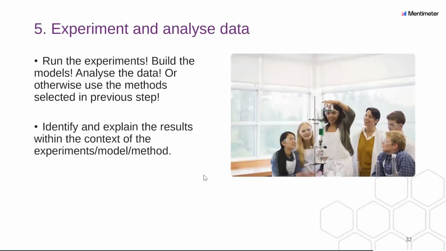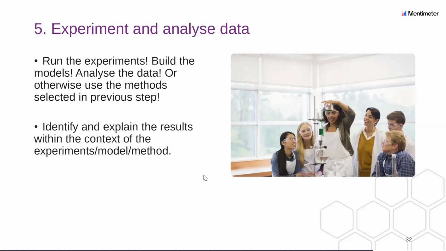So number 5 is experiment and analyze data. So you run the experiments, you do the surveys or the interviews, or you build the models, the simulations, you analyze the data, you run the eye tracking studies, whatever it is that you're doing, whatever methods you chose in step 4 and tested to make sure that they're sensible.